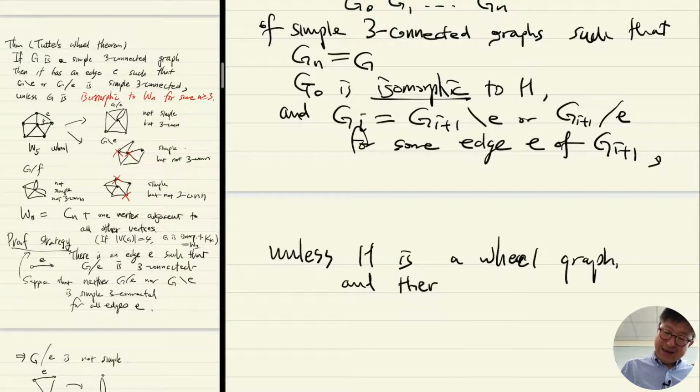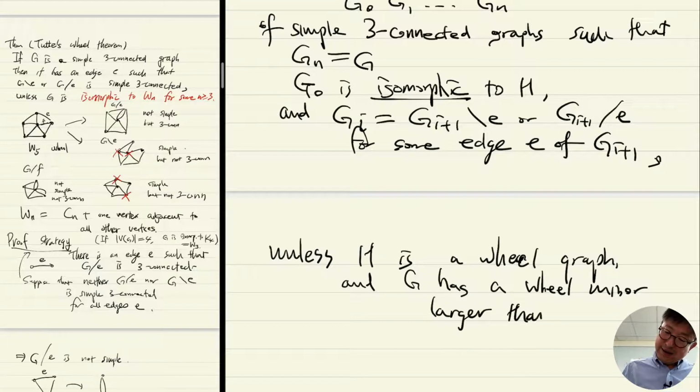And G has a wheel minor larger than H. So that's the precise statement.